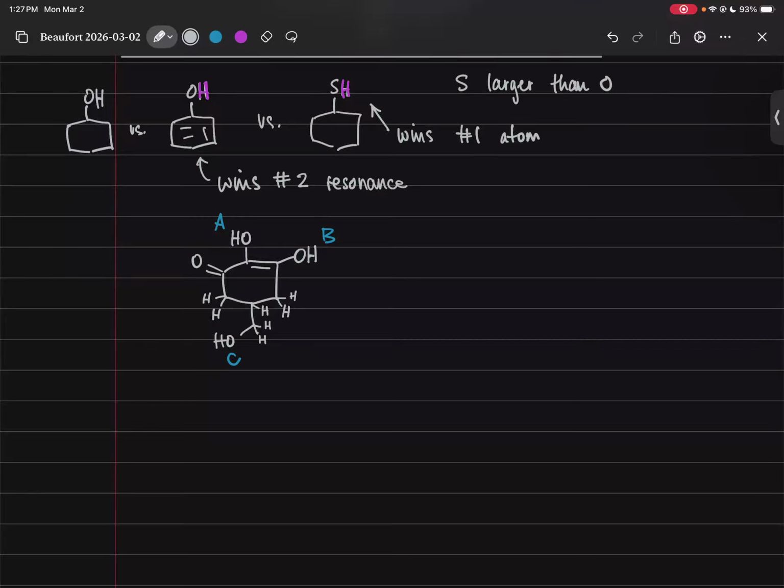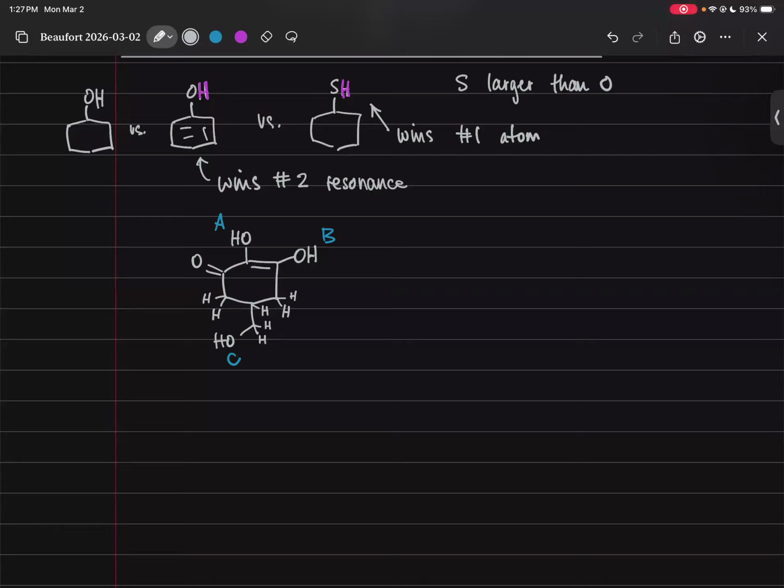Okay, which one can we eliminate? C, we can eliminate C. Well, technically, the first we should eliminate are all the carbon hydrogens.